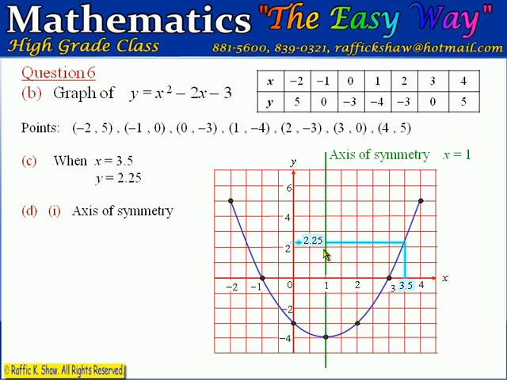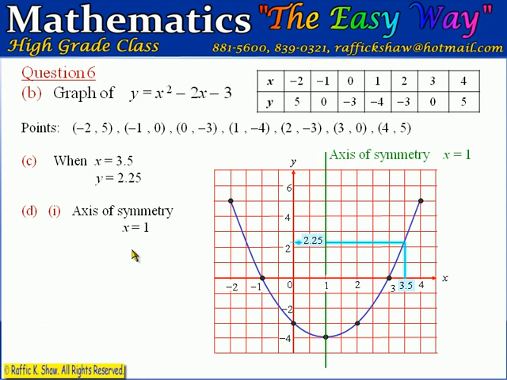That green line is the axis of symmetry, and the equation of this vertical line which passes through 1 on the x-axis is x equals 1, because x is equal to 1 at all points on this vertical line. So that's the answer. Our axis of symmetry is x equals 1.